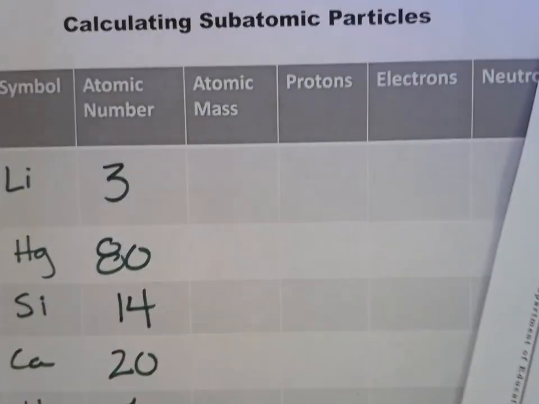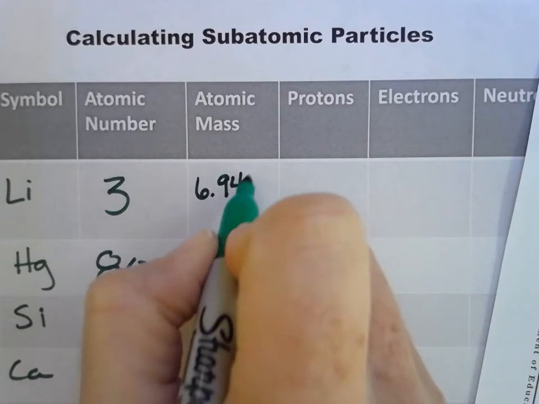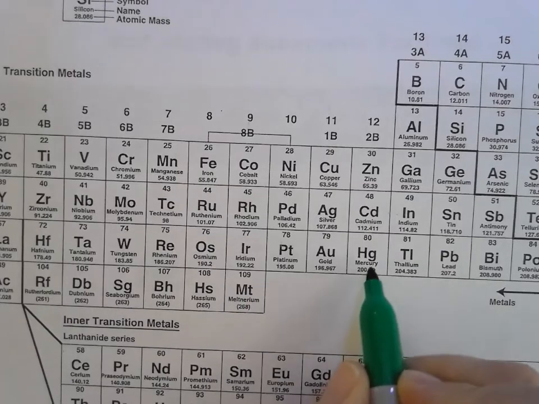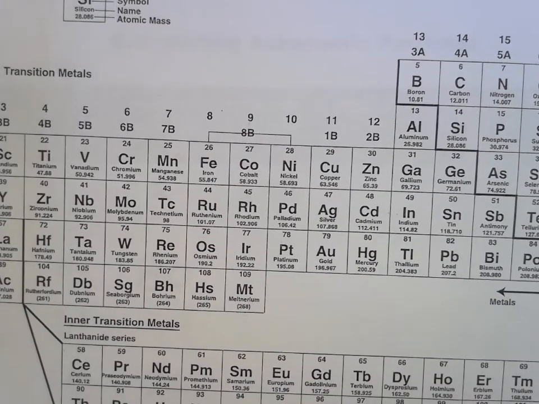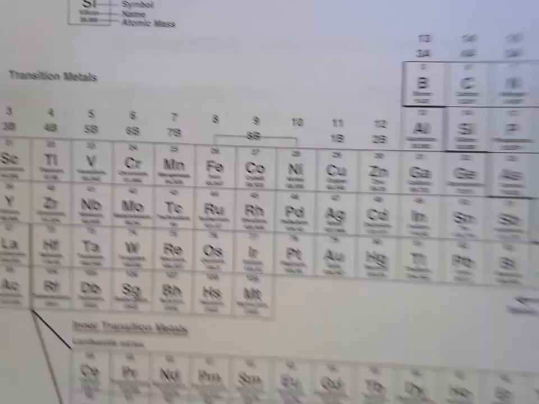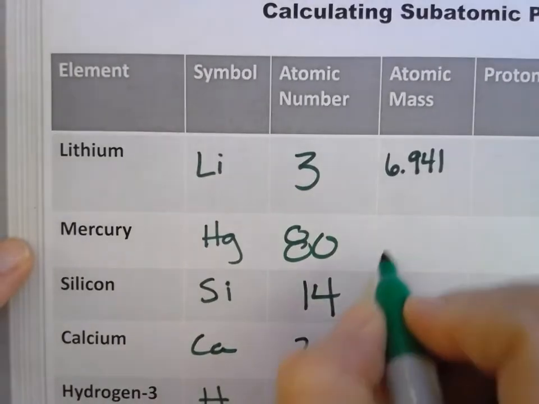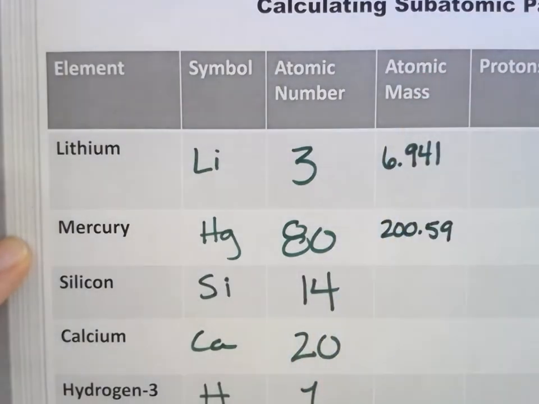Atomic mass, 6.941. Mercury, so I'll slide this over. Here's the Hg, mercury. On the bottom is the atomic mass, 200.59. So mercury, 200.59.